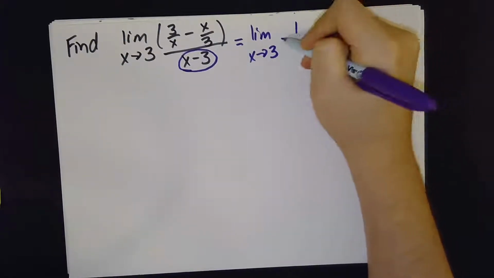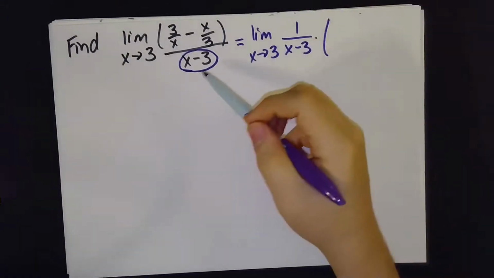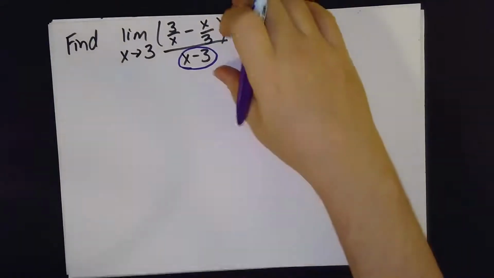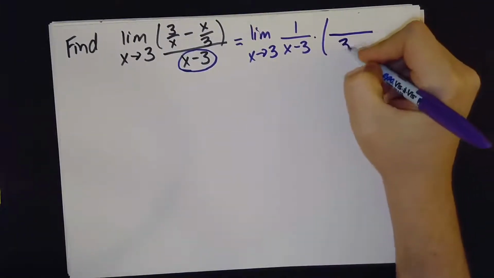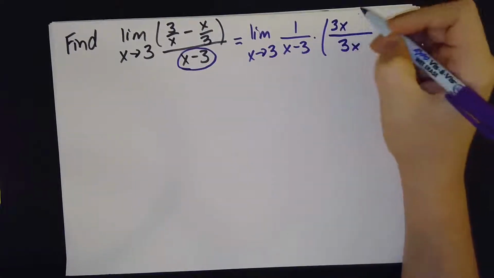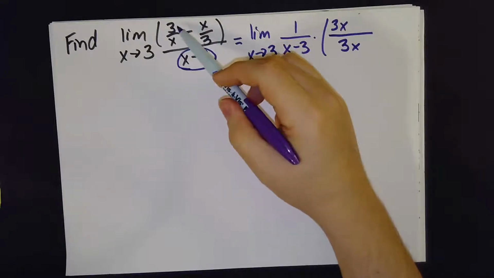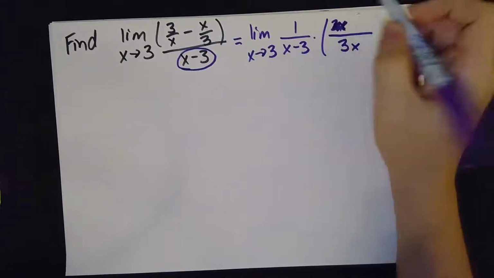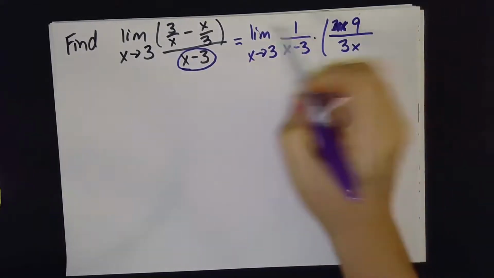Okay, so I will multiply by 1 over x minus 3 instead of dividing by x minus 3. And then I will put these two over a common denominator, which will end up being 3x. And so the 3 needs an x. Sorry, the 3 needs a 3. Sorry, I tricked myself by writing this in the other order.